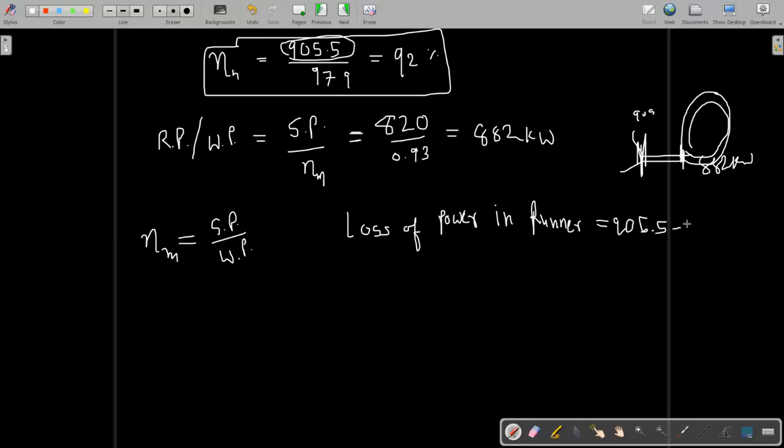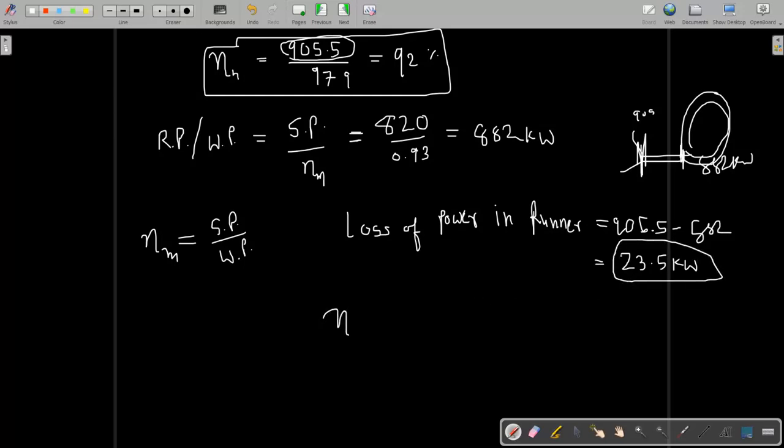Okay, so 905 minus 882, that is 24.5. So when you solve in the calculator, that is 23, not 24, it is 23.5 kilowatt. So this much power is lost in the runner.